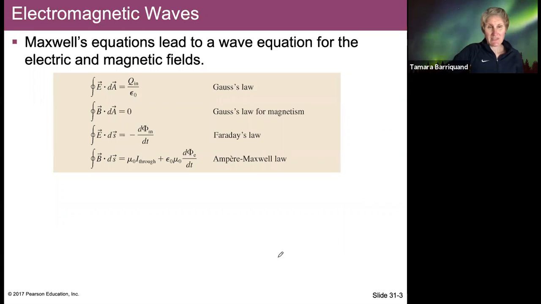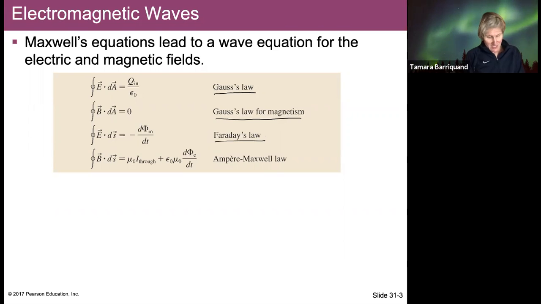Maxwell's equations lead to a wave equation for the electric and magnetic fields. So let's start by remembering what Maxwell's equations are. The first is just Gauss's law: the integral of E dot dA equals Q_in over epsilon naught. Then Gauss's law for magnetism: the integral of B dot dA is equal to 0.